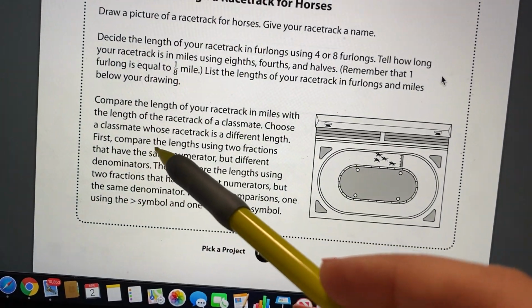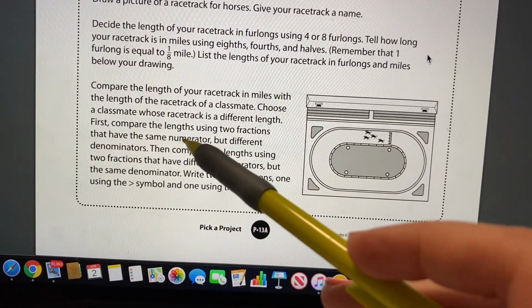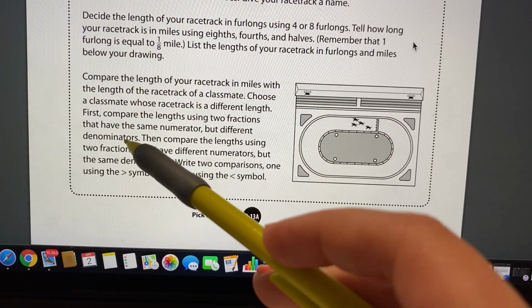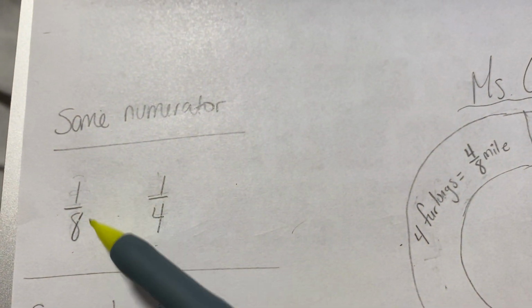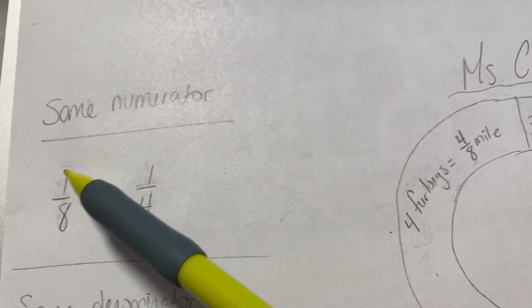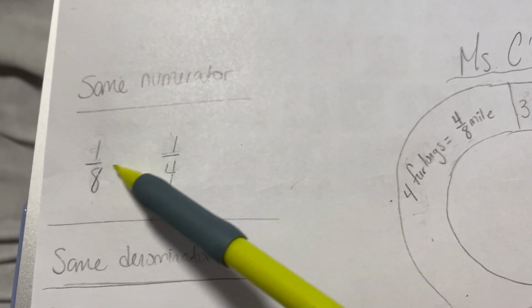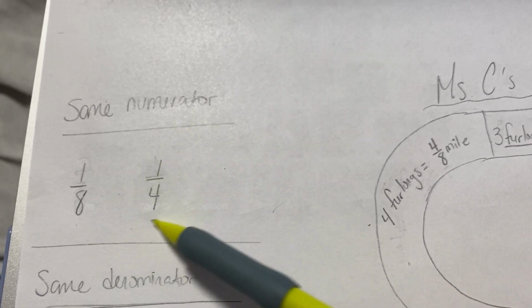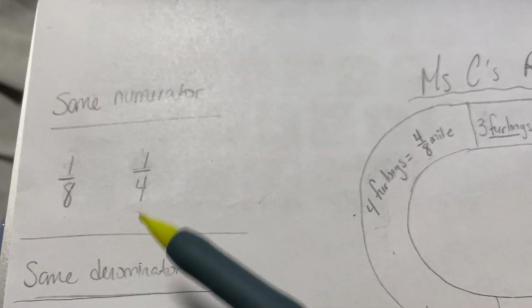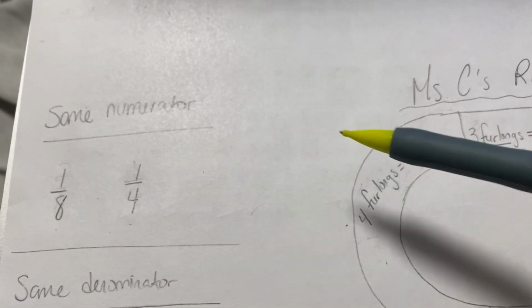First, we have to compare the lengths using 2 fractions that have the same numerator but different denominators. So here is the same numerator, 1/8 and 1/4. They have the same numerators, 1 and 1, right? So we have to compare these two. If I were to compare this, I'm going to say 1/4 is bigger than 1/8. Why? You can draw a picture, or you can explain using sentences.